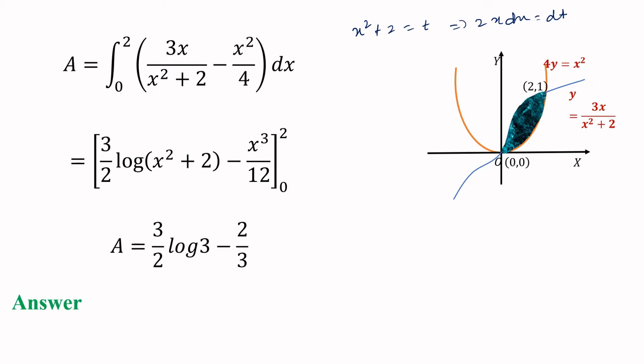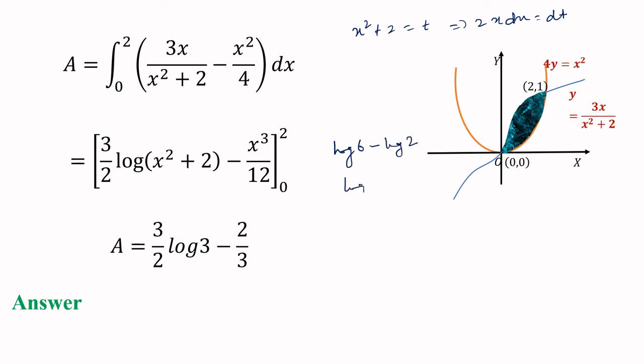Once we integrate it, it will be log(x² + 2), and for x²/4, it will be x³/12. Now put the limits here. If you put x = 2, we get 3/2 log(4 + 2), that is log 6, and once you put 0, it will be minus log 2.